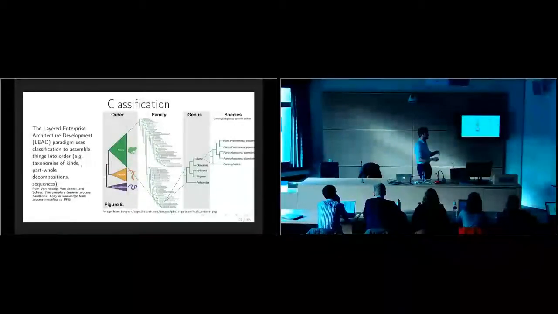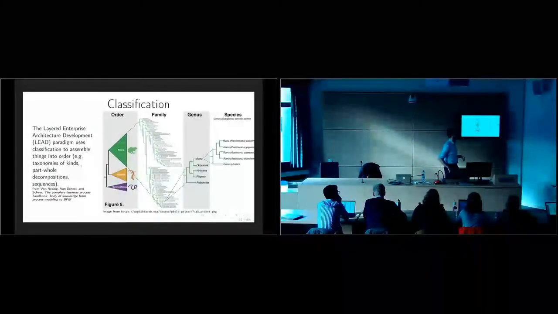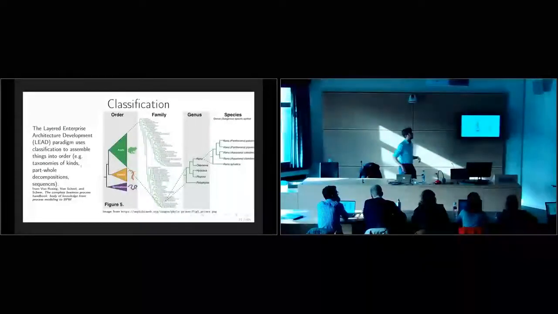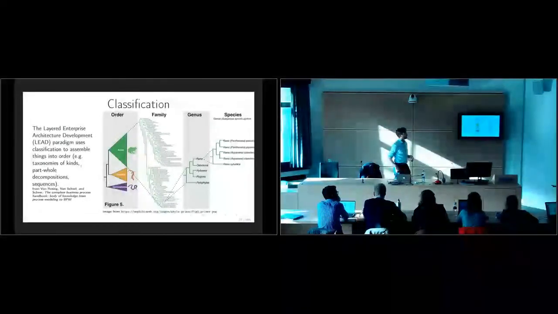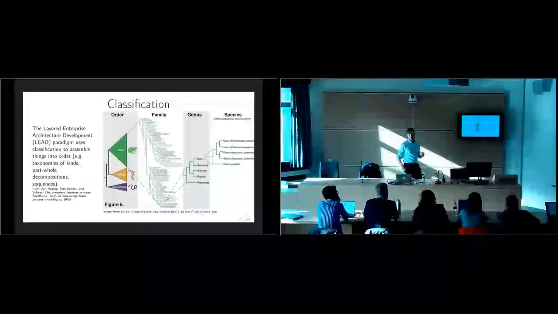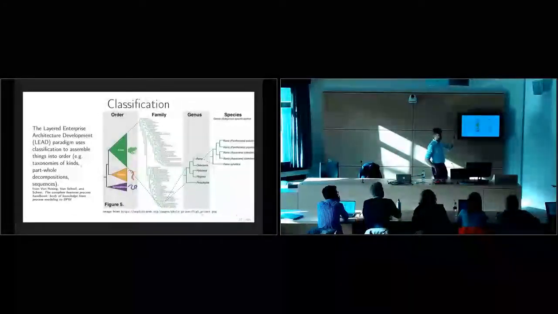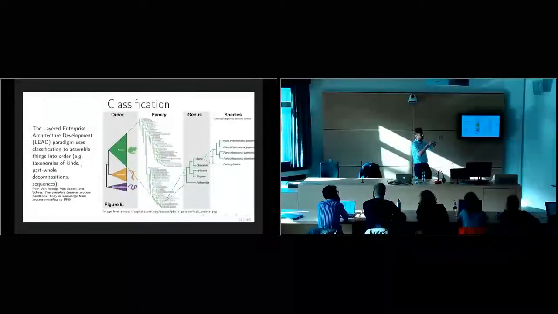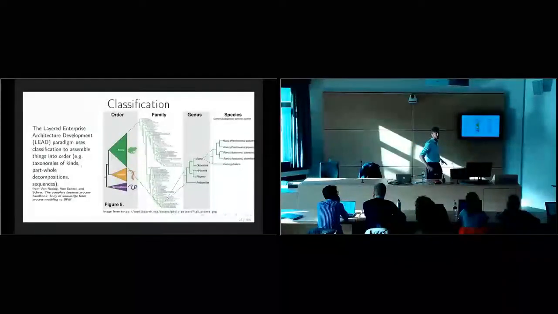So then you have classifications of animals, plants, fungi, and so on in different ranges, and that is what is called the taxonomy. So you have a supertype, and below that supertype you have subtypes, and the subtypes have more subtypes, and those have more subtypes, and so on.